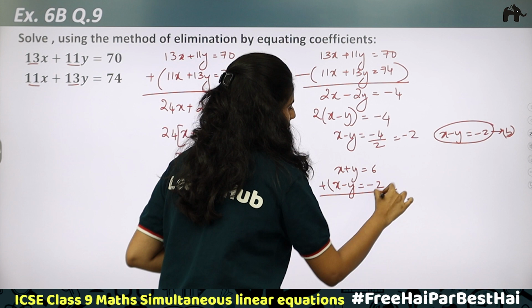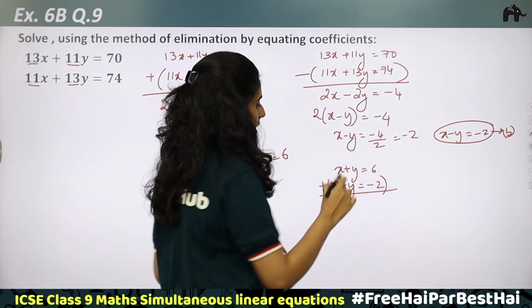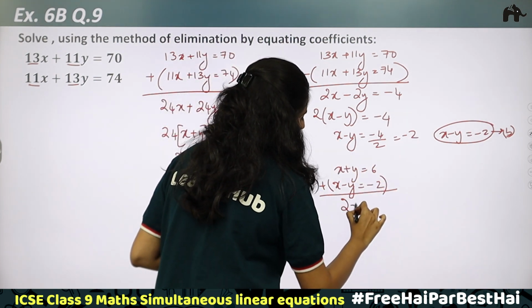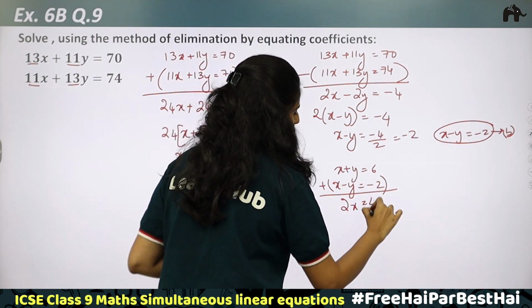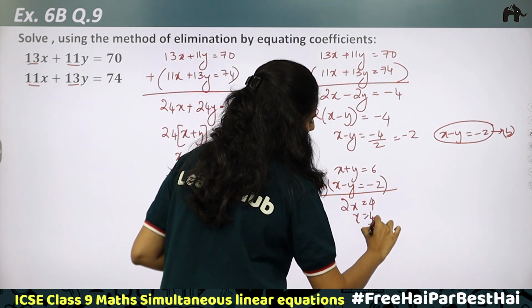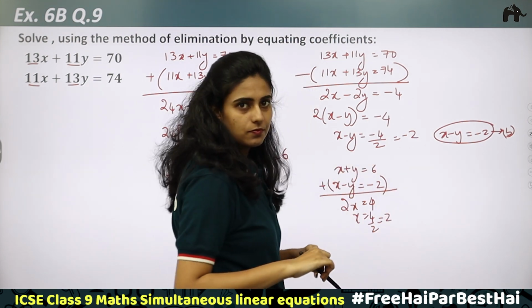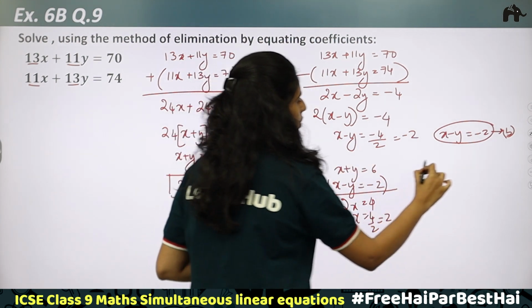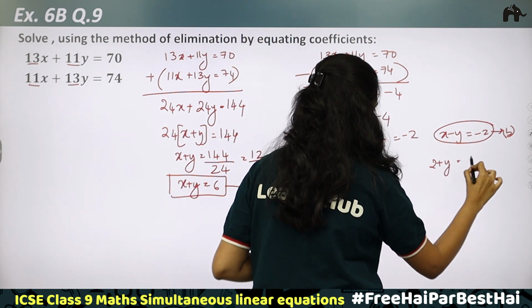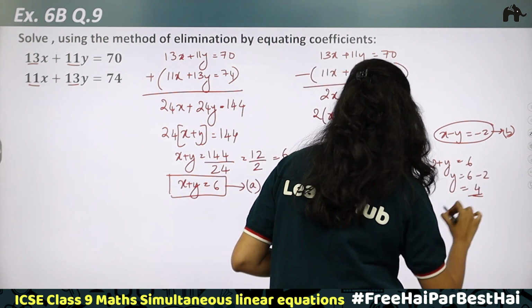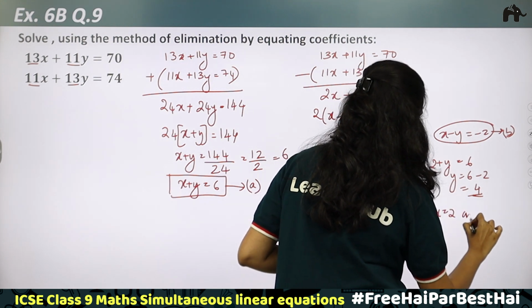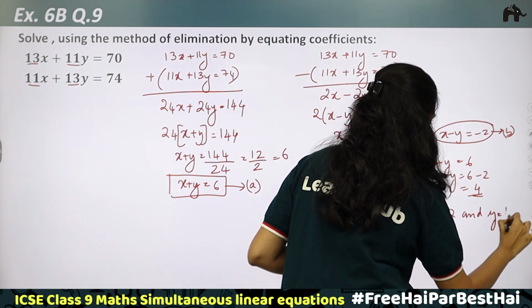We are adding A and B. We get x plus x, 2x, y minus y, 0, is equal to 6 minus 2, 4, and x is equal to 4 by 2 equal to 2. Now to find y, 2 plus y is equal to 6 and y is equal to 6 minus 2 equal to 4. So x value is equal to 2 and y is equal to 4.